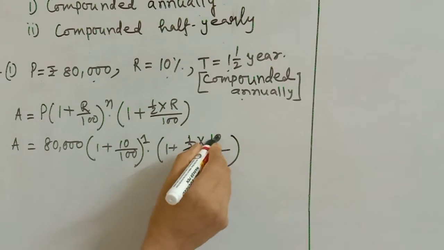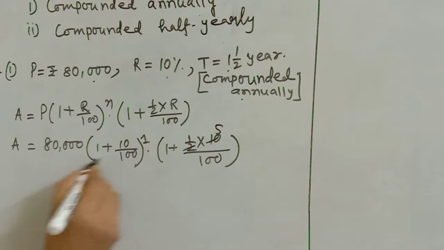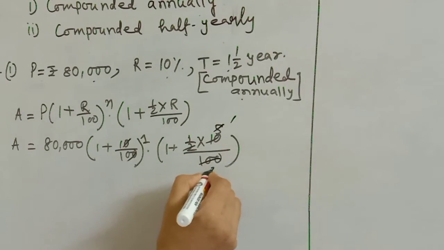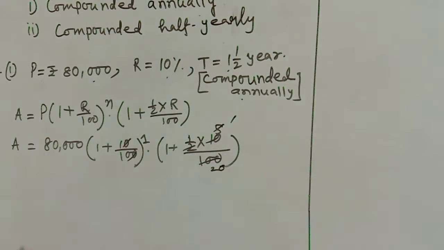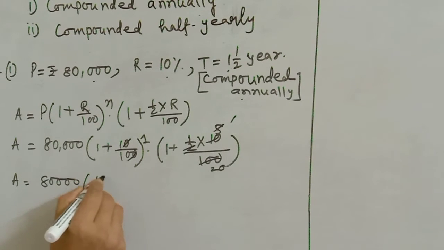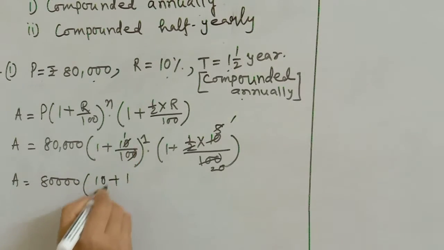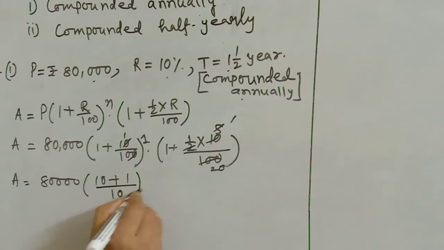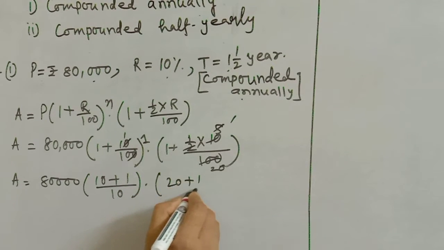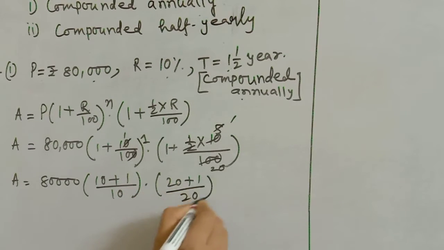Now you can cancel 2 and 10, it is 5. You can cancel this also to make it a small one, and 5 1 is 5, 5 2 is 10, 5 20 is 100. Amount is equal to 80,000 into 1 plus 1 by 10 into 1 plus 1 by 20.